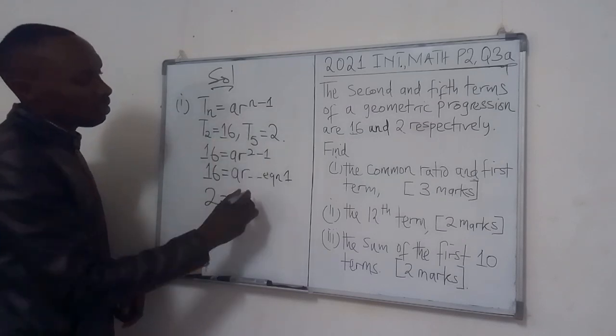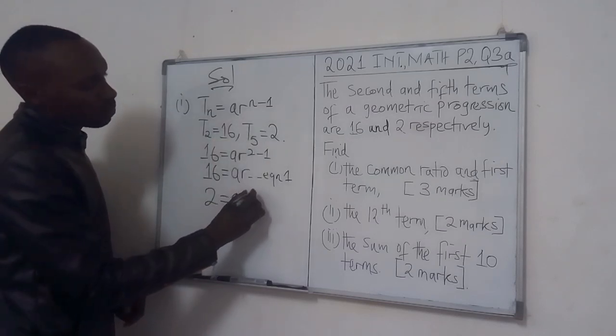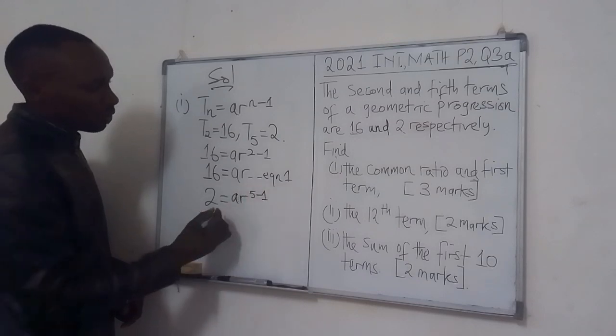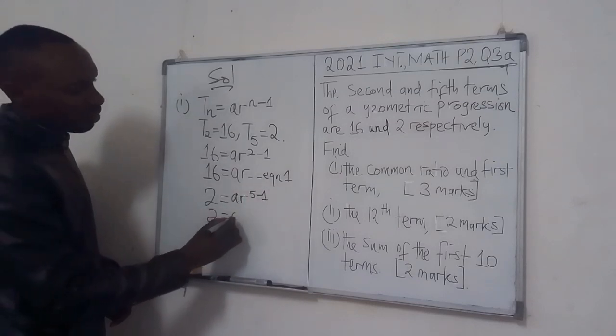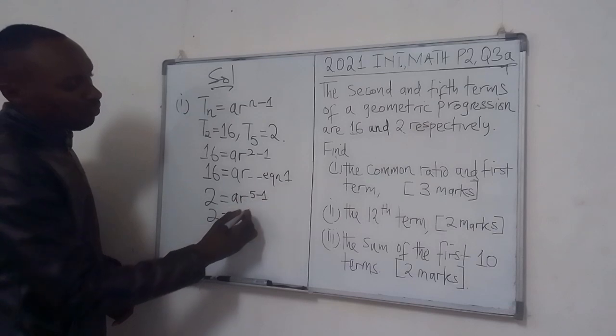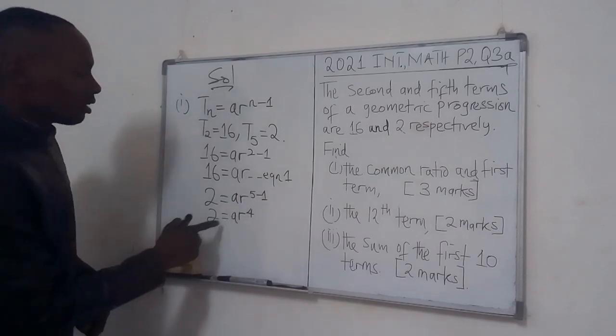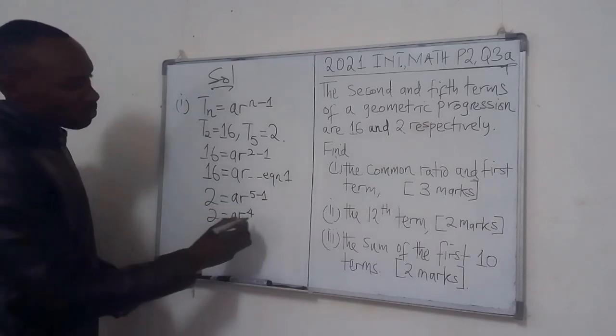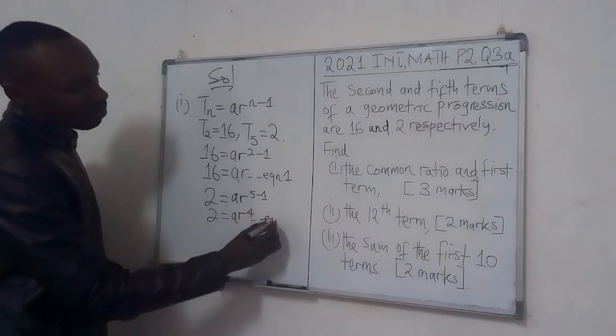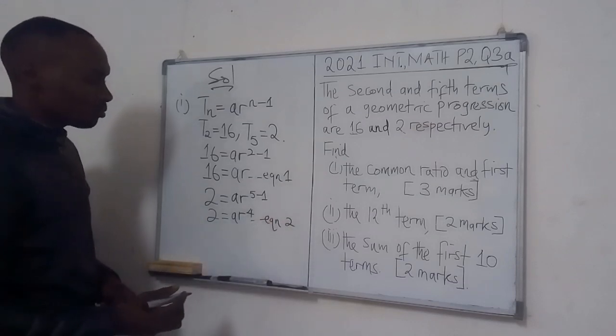So 5 take away 1 gives us a r to the power 4. So this here is our equation 2.